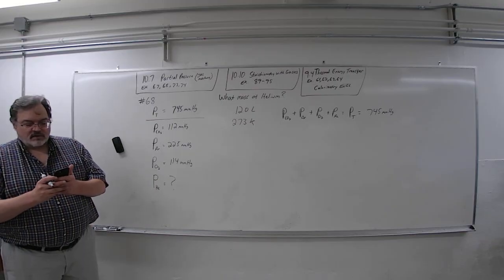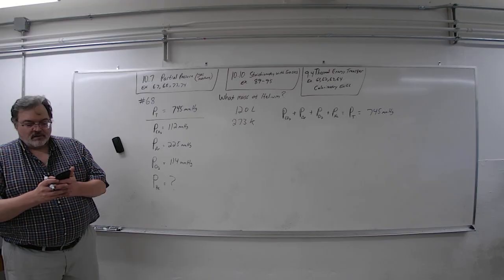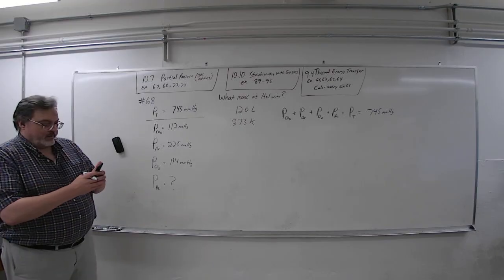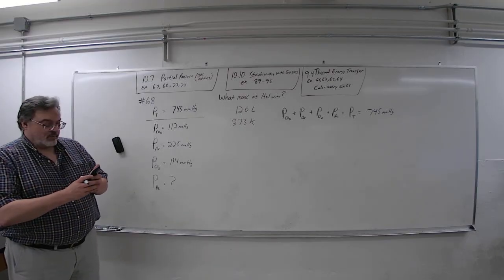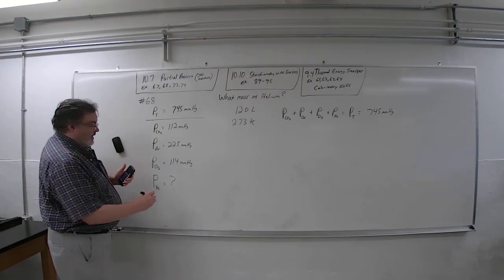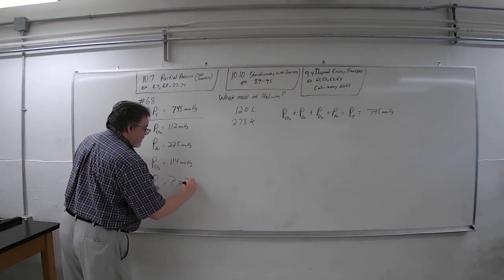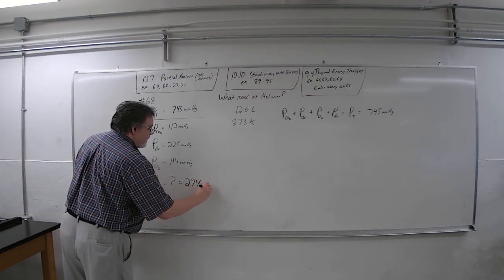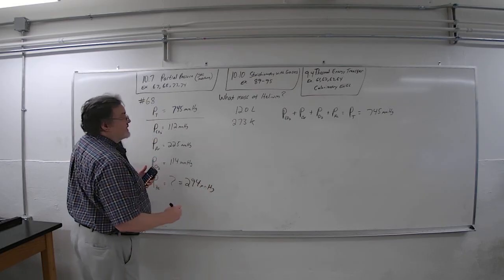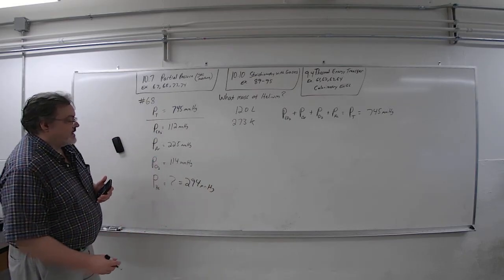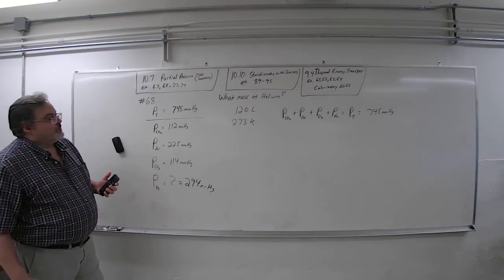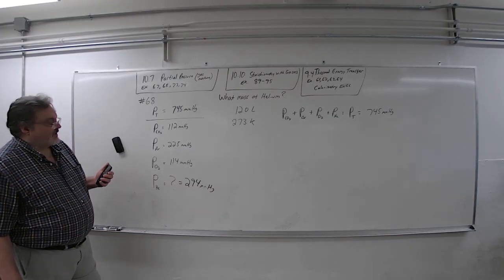So if I do this, 745 minus 112 minus 225 minus 114, what I have left is 294. If it asks for the partial pressure of helium, I'd be done, that would be the answer. But it's asking me what is the mass of the helium.